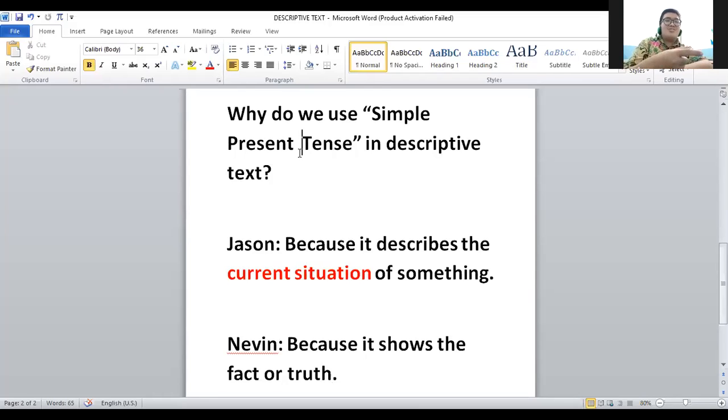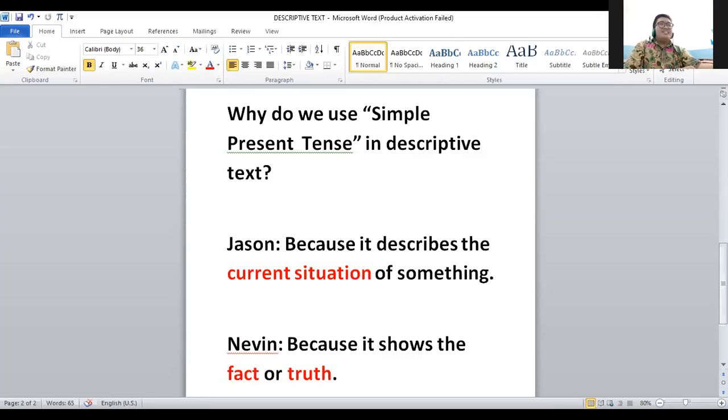And Jason also said that it describes the current situation of something, keadaan saat ini. Okay, fact or truth. Yep, very good. Okay, any other opinion? Ada pendapat lain? That's all? Okay.